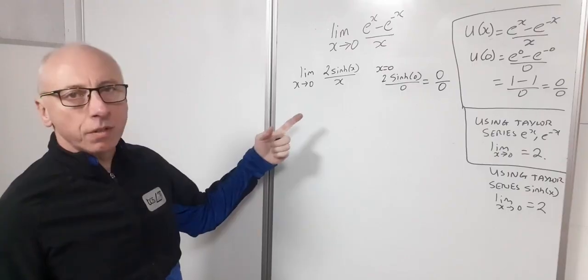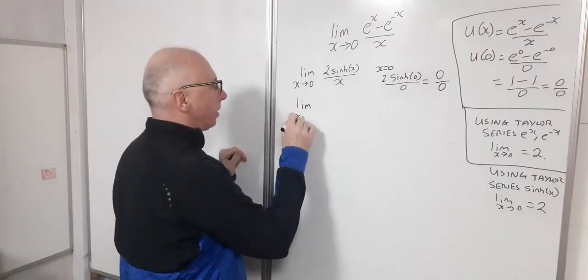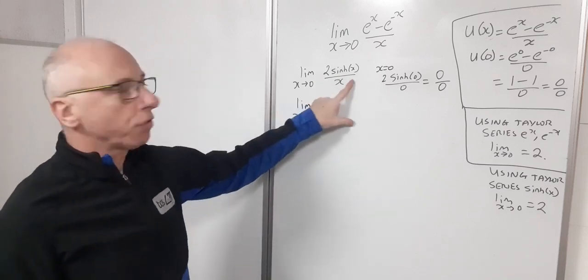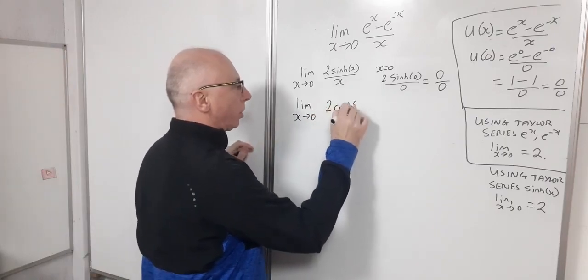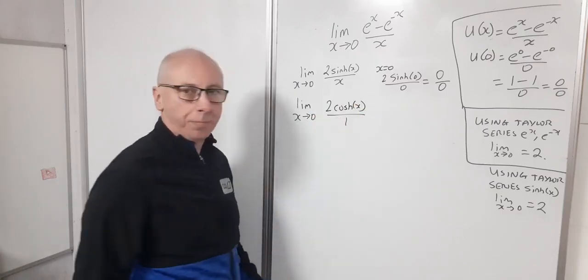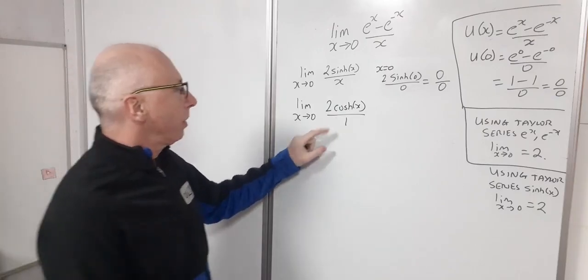So take the derivative of the numerator and the denominator. So I've got the limit as x approaches 0 of 2 sinh of x. Well, the derivative of that, nice and straightforward, is just 2 cosh of x. The derivative of x, nice and straightforward, is just 1. Okay, let's put in x equals 0 into that.